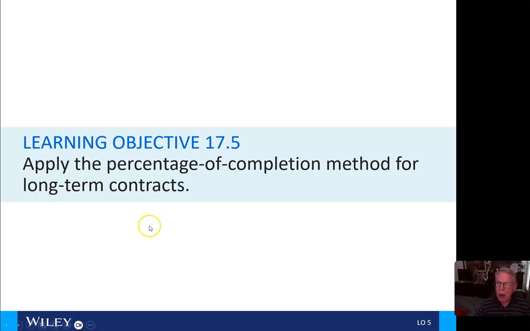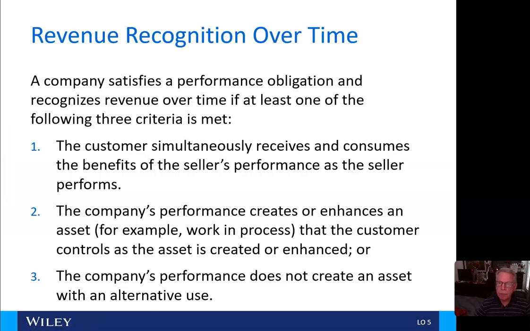Okay, let's look now at applying the percentage of completion method for long-term contracts. Here, if we recognize revenue over time, a company satisfies a performance obligation and recognizes revenue over time if at least one of the following three criteria is met.